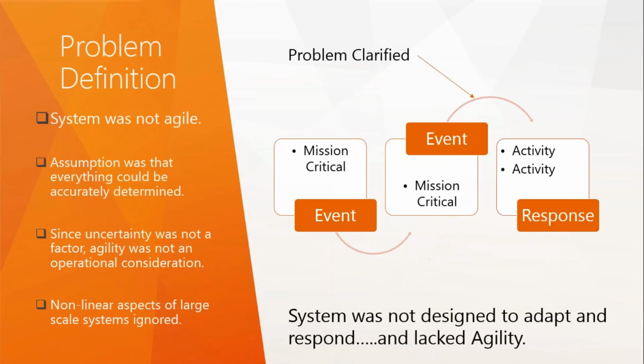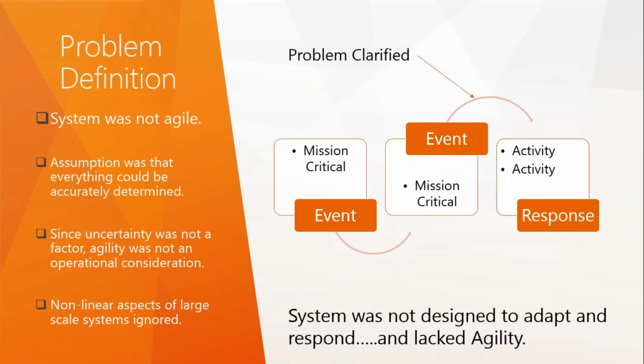So we could say, essentially, that the problem was that whatever we had in place in this high technology industry, the system was in fact not agile. It did not have agility attributes. It was not in fact designed to be agile because we were coming from a different perspective.